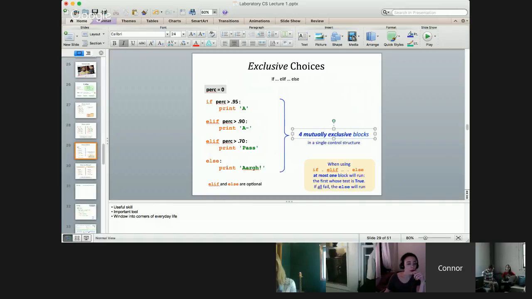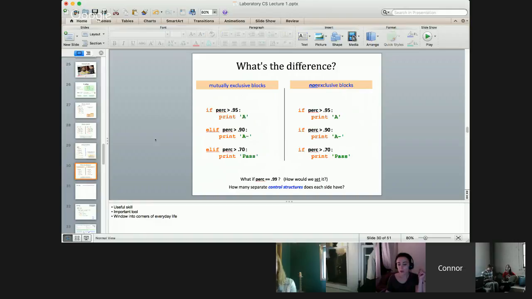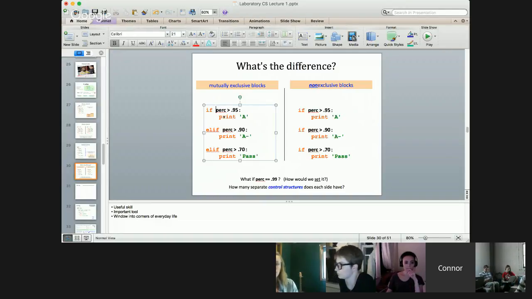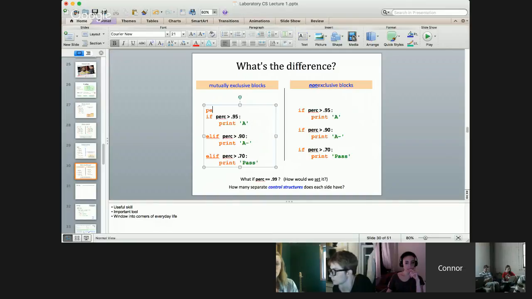But what happens if we don't have the else ifs? Let's see what happens here for the mutually exclusive blocks, say perk equals, or actually let's do 92.